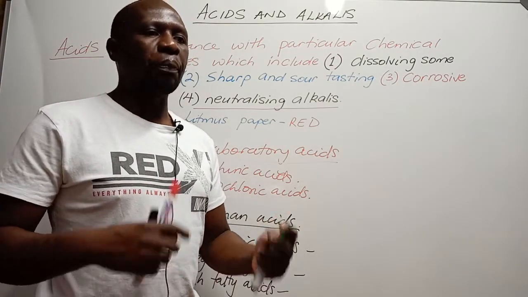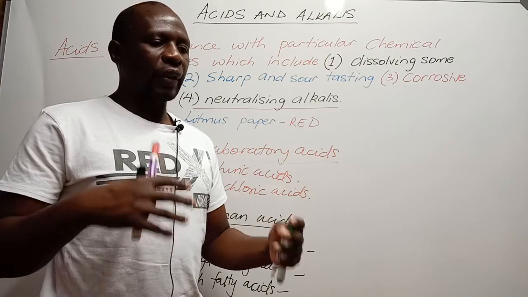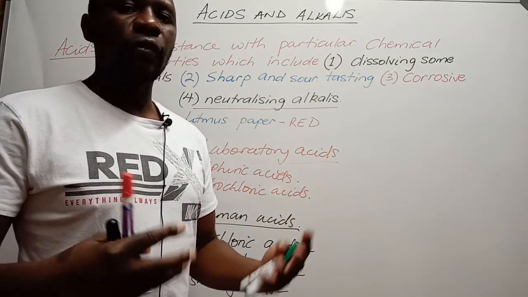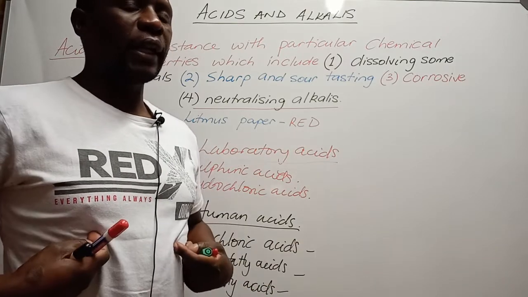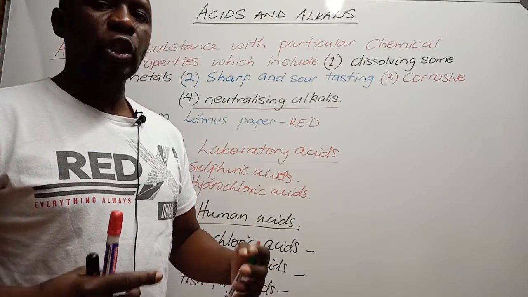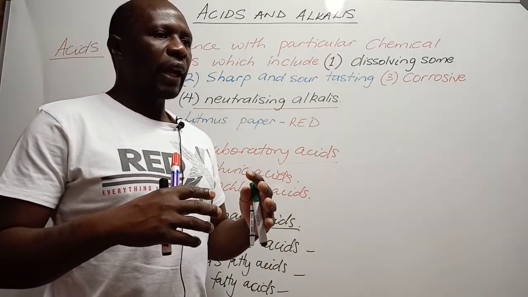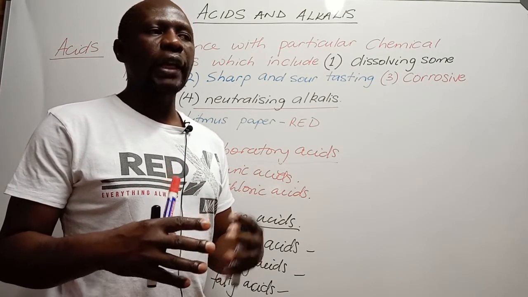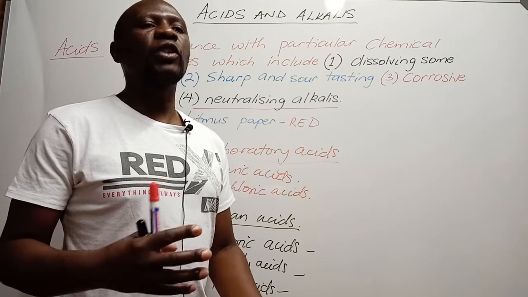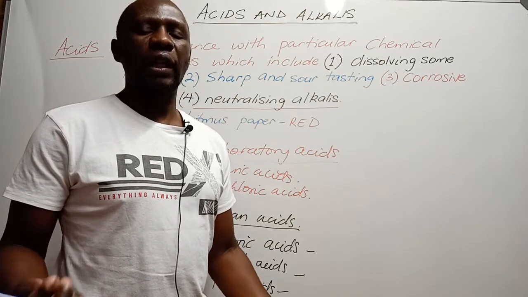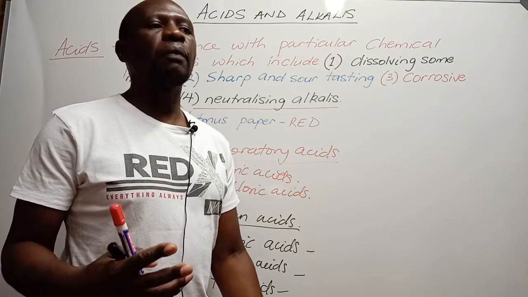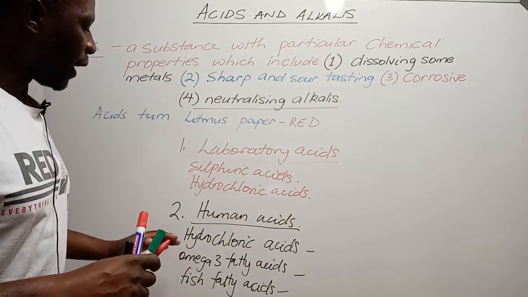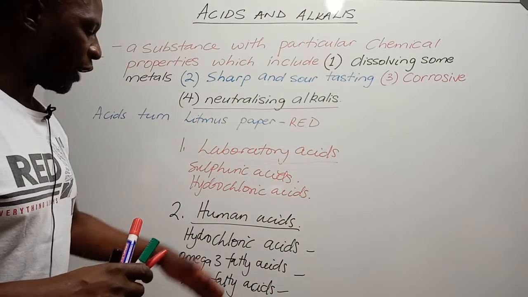It will break down the food that we eat into simpler molecules for absorption by our body cells. The normal mechanical system of digesting food is not enough. Without the hydrochloric acid in our body, we wouldn't be able to effectively digest food. So that is the role played by hydrochloric acid.